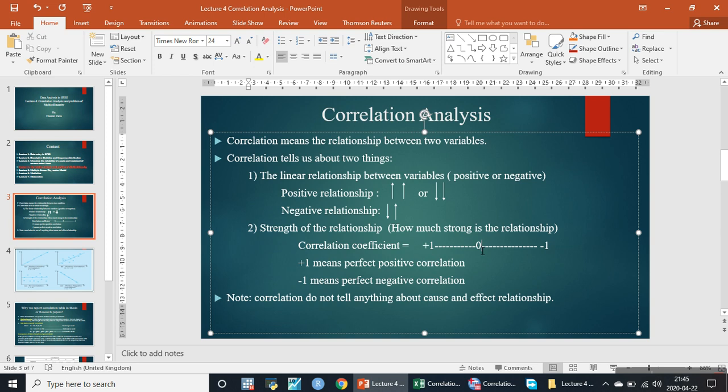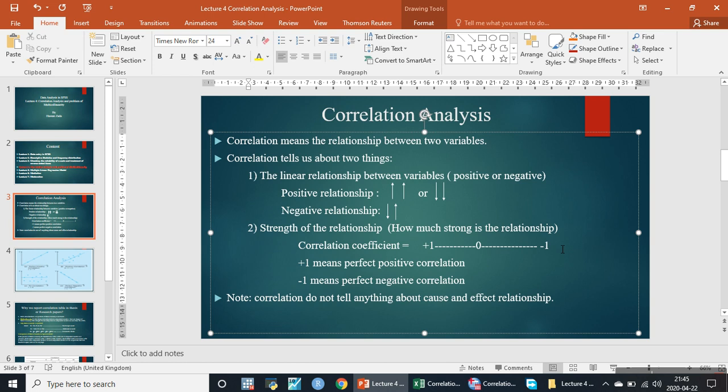And if the correlation coefficient value is greater than 0 but less than plus 1, like 0.1, 0.2, 0.3, 0.5, 0.9, it is known as partial positive relationship. However, if the coefficient of correlation is greater than minus 1 and less than 0, it is known as partial negative correlation.